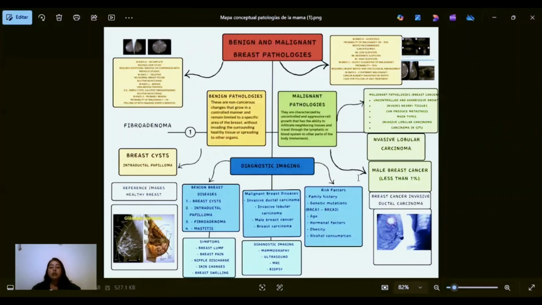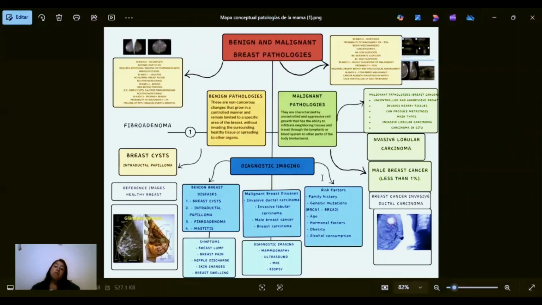Function: detects lesions, microcalcifications and changes in breast density. Screening mammography for earlier detection in asymptomatic women, and diagnostic mammography to evaluate signs of suspicious lesions. Advantages: highly sensitive for detecting breast cancer, especially in women over 50.